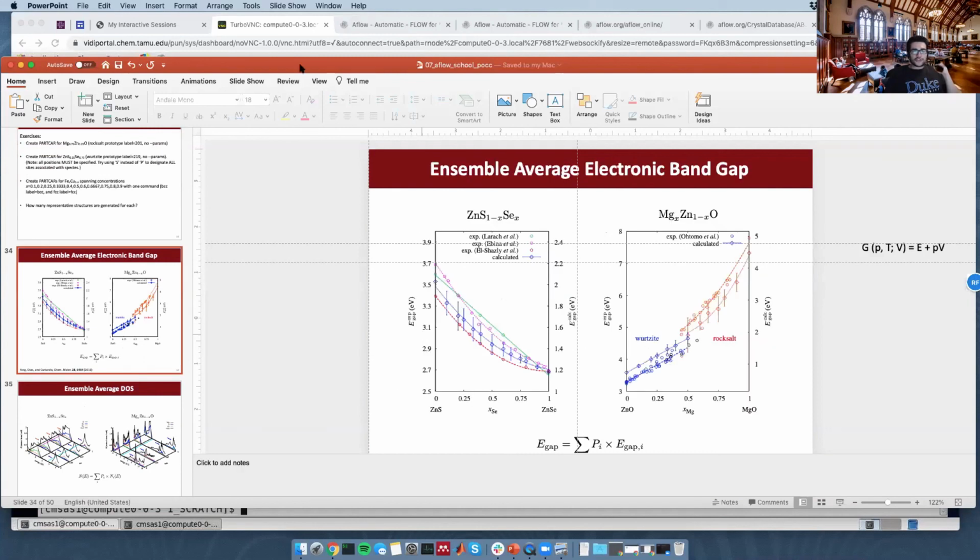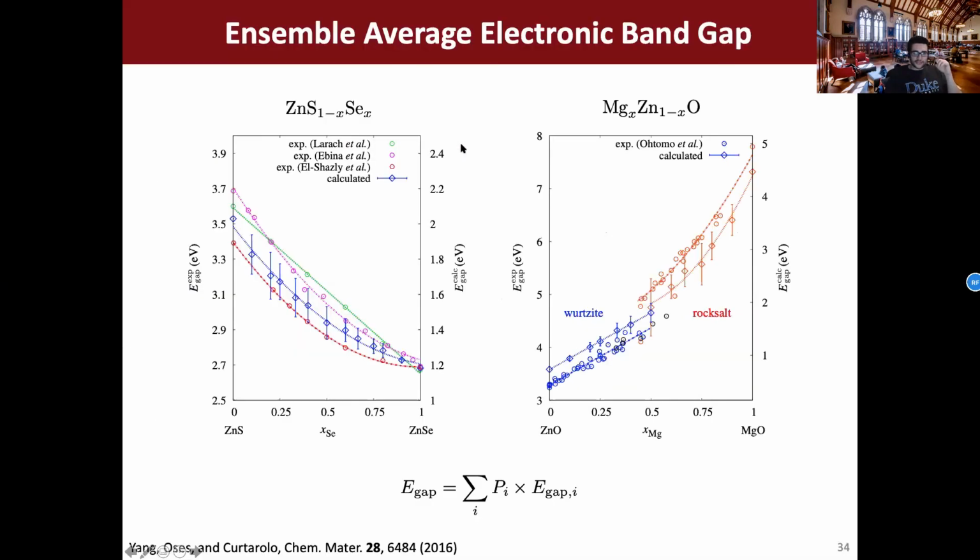So I want to show you just some things that you can actually visualize with this framework. You can actually do this analysis, and we have done it for different concentrations. You see here we have the model system I showed you before. We had a zinc selenium sulfide system, and this system is known to have what's called optical bowing.